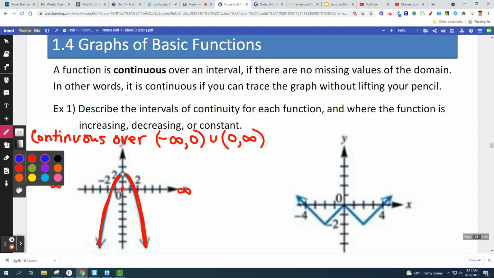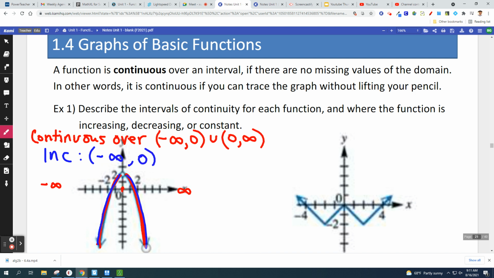As far as increasing, decreasing, and constant, well, again, as you're tracing this part is increasing. So we would say it's increasing from negative infinity to 0. And then this part's where it's decreasing. It's going downhill. It's decreasing from 0 to positive infinity.